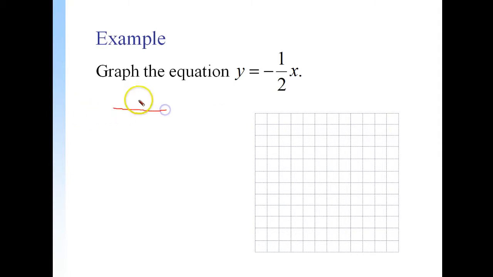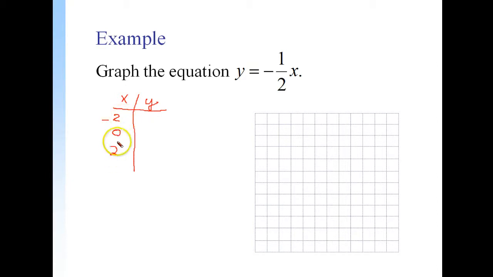Make a t-chart. X there, Y there. Now, here's the case where we're not going to choose a 1. Why? Because it would give us a fraction. So we're going to choose a -2. Always like to choose a 0. And we're going to choose a +2.